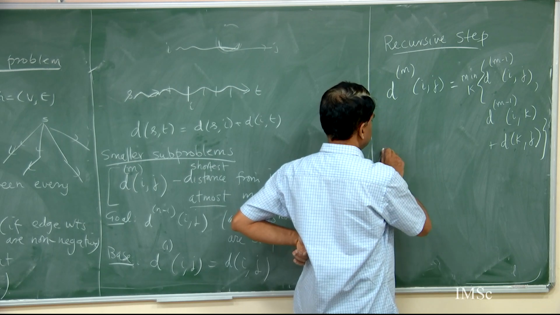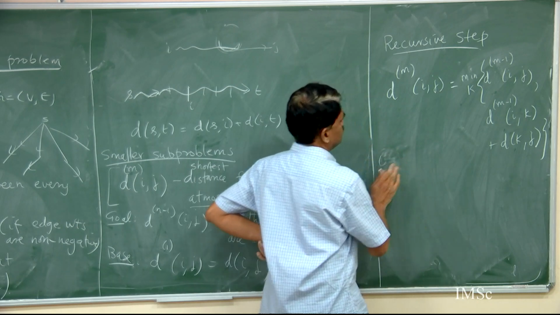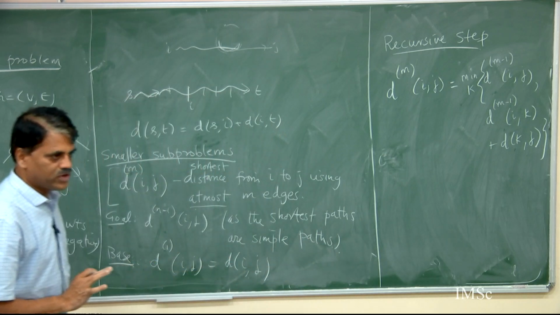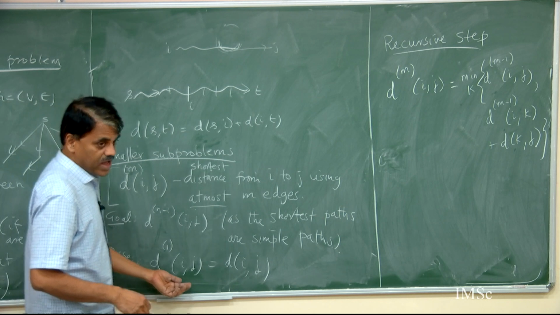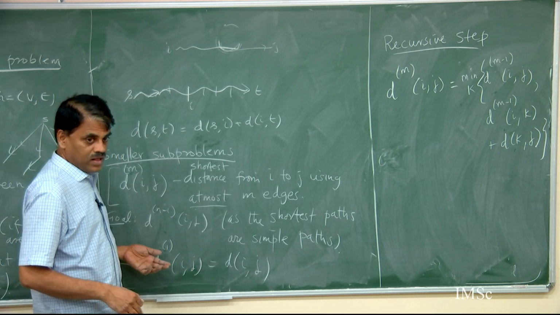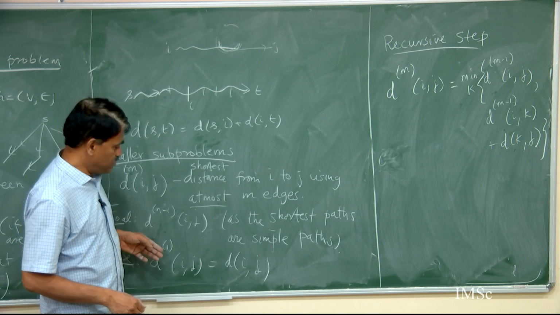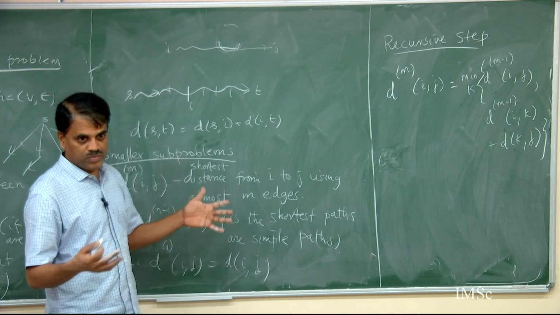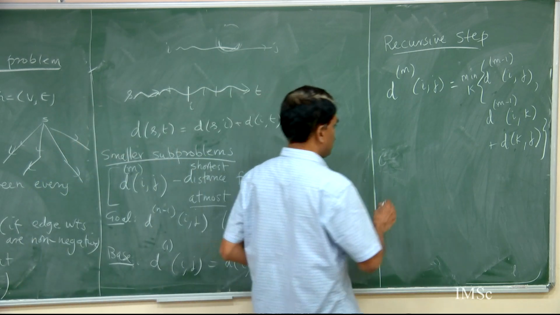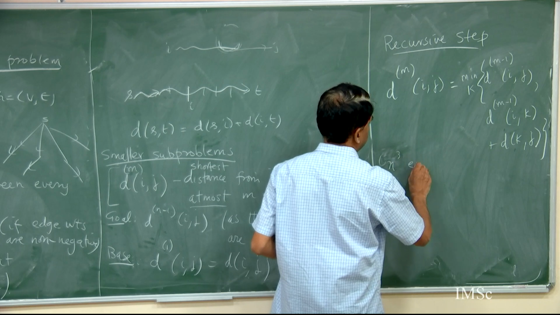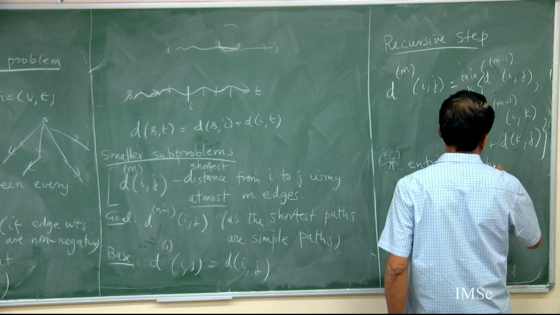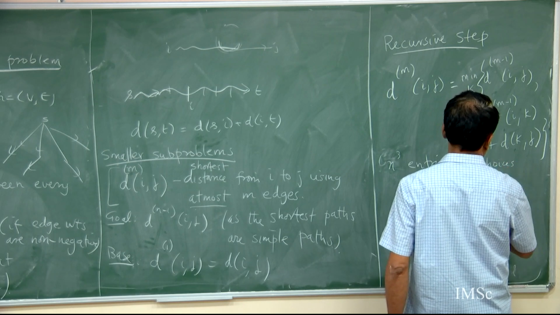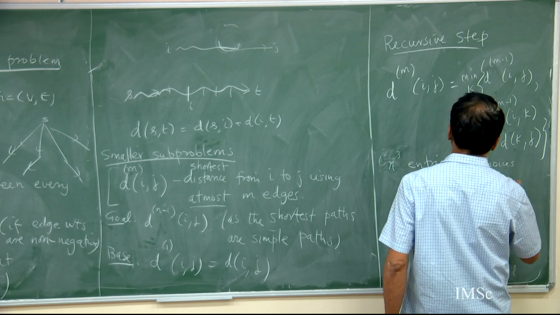How many entries are we computing in total? Remember, this is for every i, j, so n choices for i, j, and m.